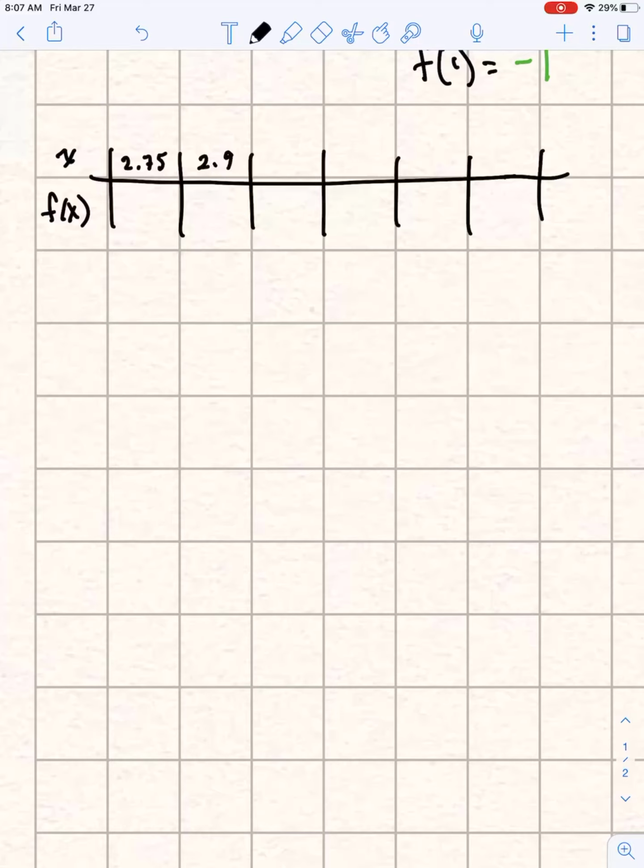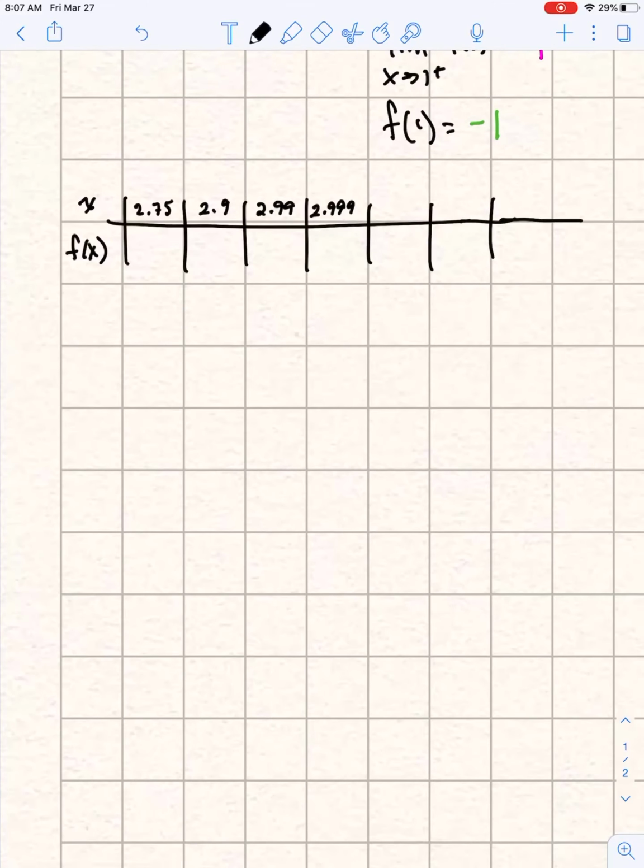Let's say we have, let's use this grid. And if you have x and f of x, let's just say we go 2.75, 2.9, 2.99, and 2.999.